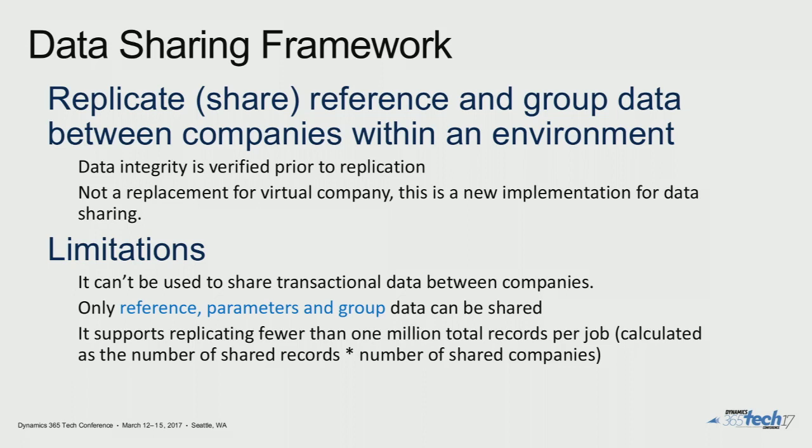This is not a replacement for virtual company. In virtual company, at a very high level, you always had one single source of truth. Let's say you had 10 companies and you had a shared customer group. Beneath the tables, you had only one record for all those companies. But this is a different technology.